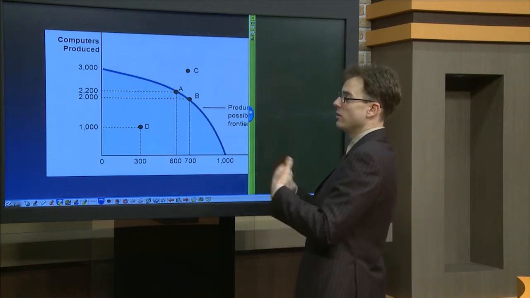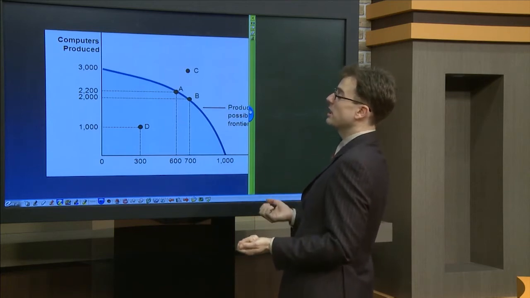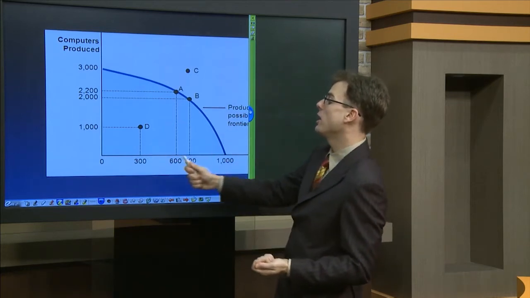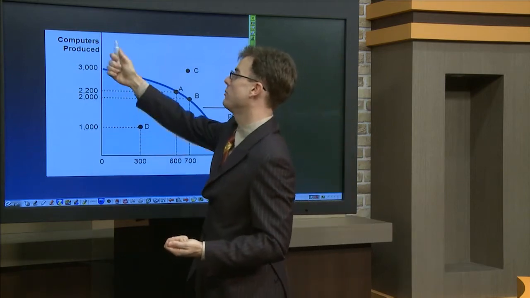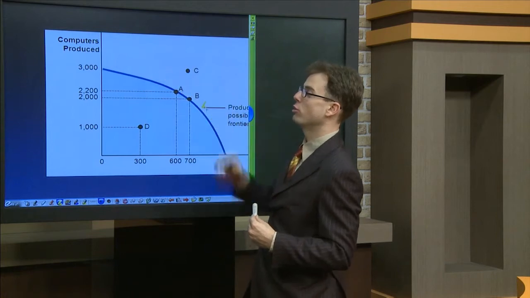Even in the production decisions of an individual person, the person can decide how much time to spend on one activity, how much time to spend on another activity, and there is a limited amount of output that can be produced.